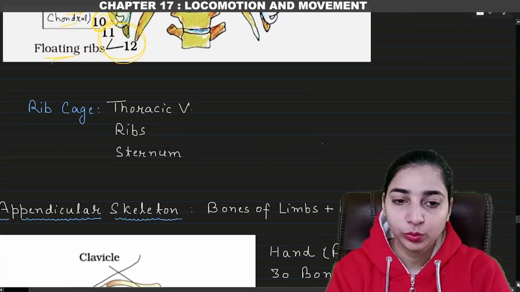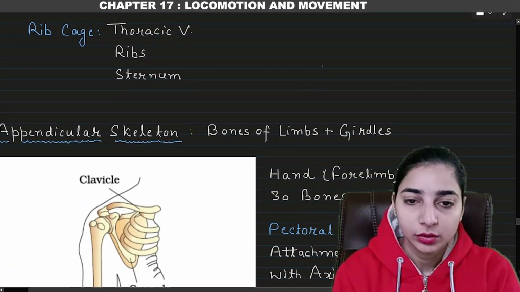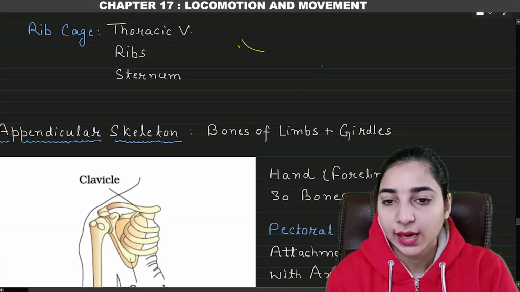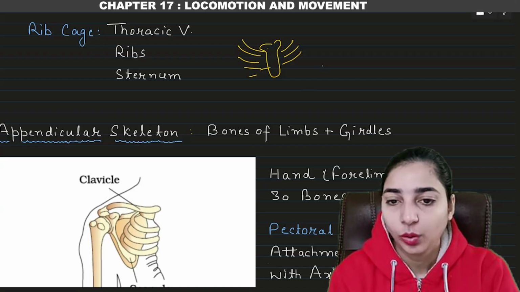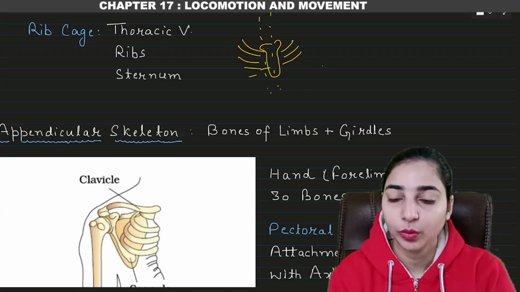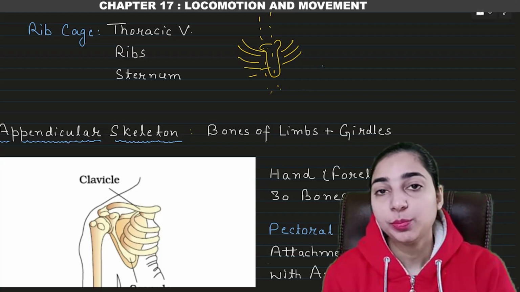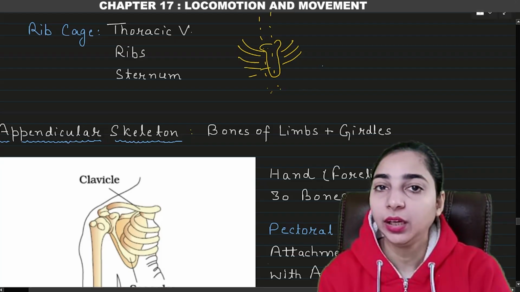Now let's come to what is rib cage. So we have seen that on the sides we have the ribs. These ribs are connected to the sternum on the front side, and on the back side they are connected to the vertebral column. Okay, so which part of the vertebral column is connected with the ribs?